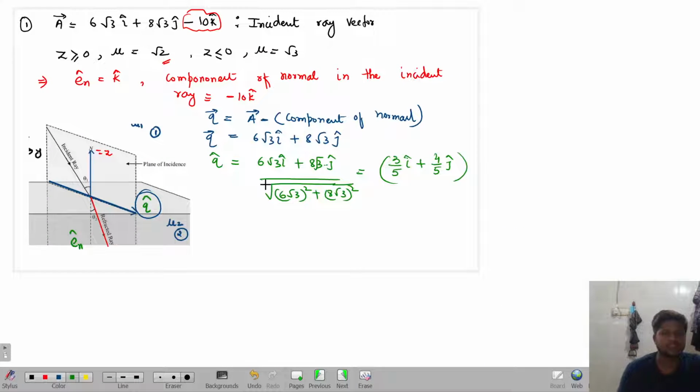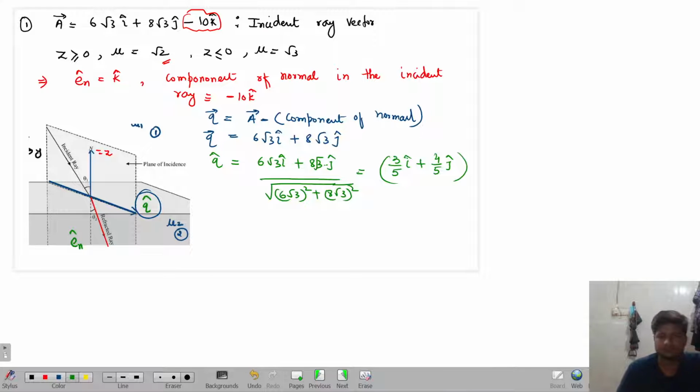Now look over here. You are now perfectly aware of this interface. But what are you not aware of? Are you aware of this angle theta, meaning the angle the incident ray is making with the normal? Can you calculate it or not?